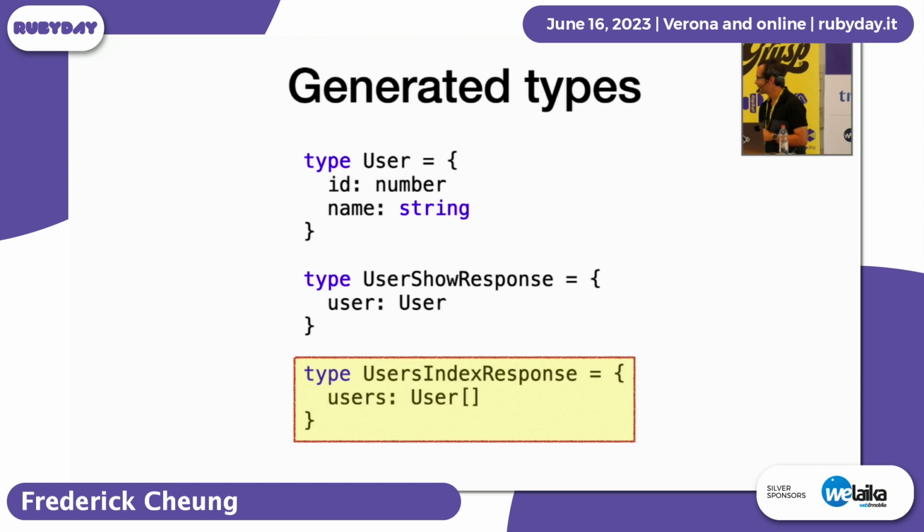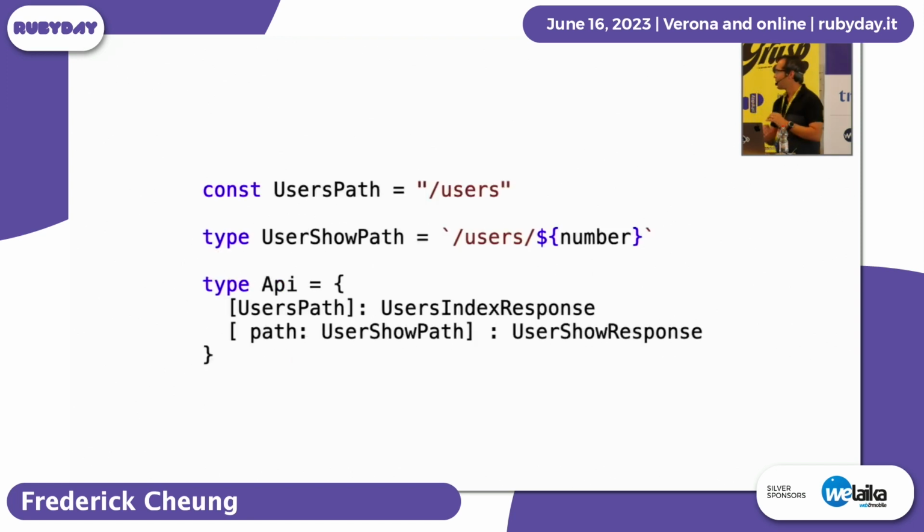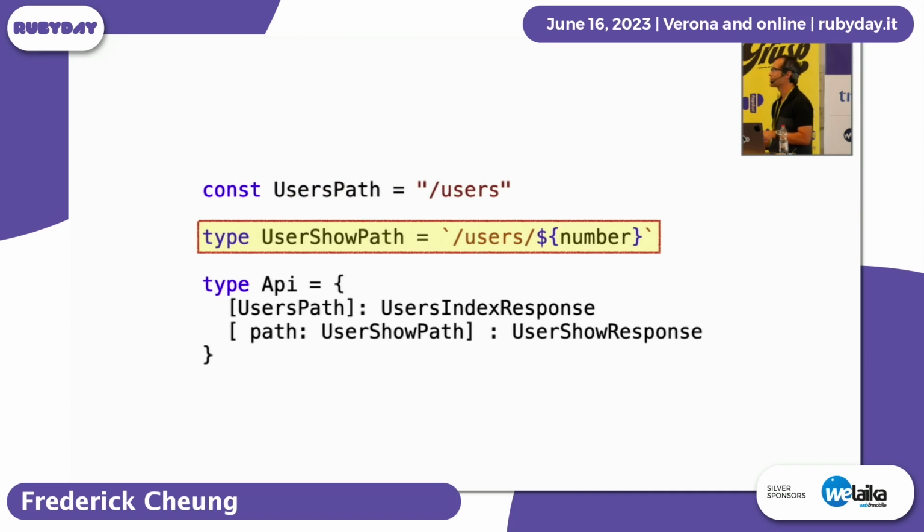So far this is fairly basic stuff. This is a bit more interesting. We've got a path for the collection endpoint. We've got this as a template literal type. It's sort of like a type, but it's sort of like a pattern. So it will match anything that is created at runtime with interpolation, where the interpolated value is a number, and with this users prefix.